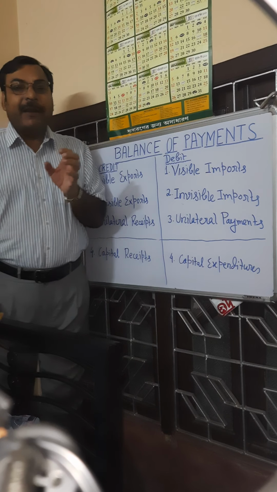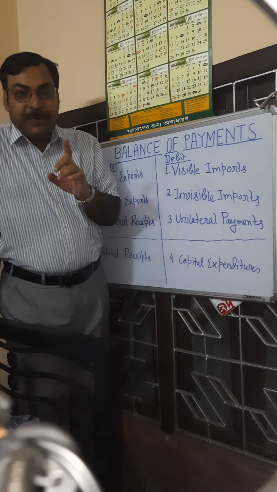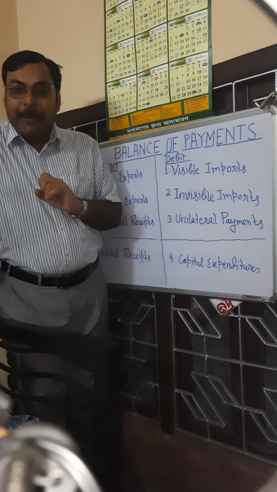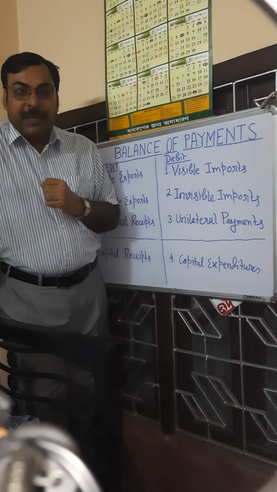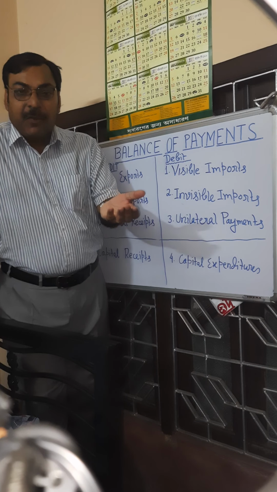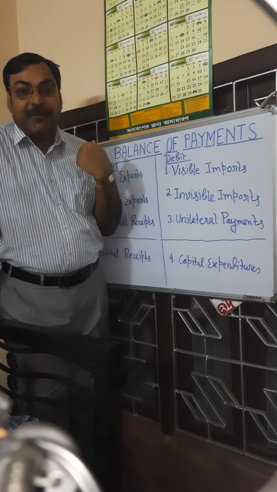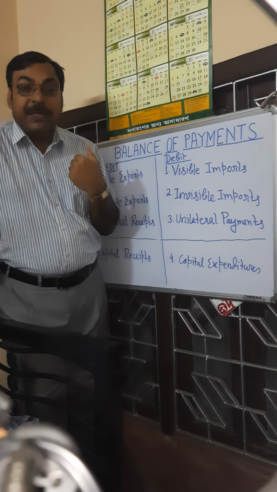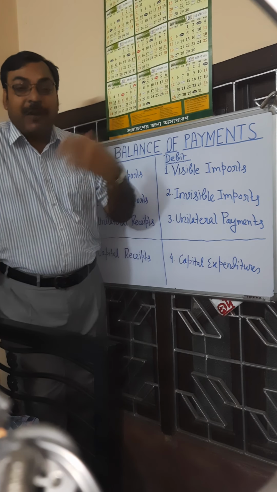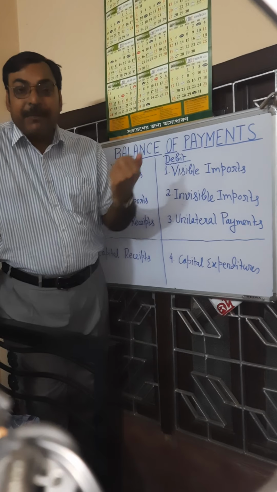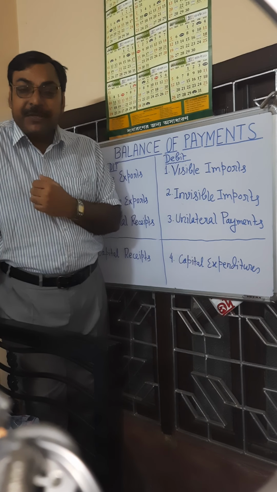So capital account includes borrowing from abroad or giving loan to abroad, investment in the foreign sector or investment by the foreigners in our country. It also includes transfer of banking capital. Our banks may offer loan to the foreign sector, foreign banks may offer loan to our country.